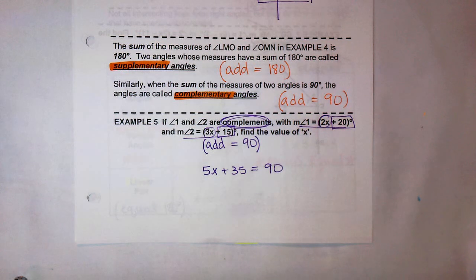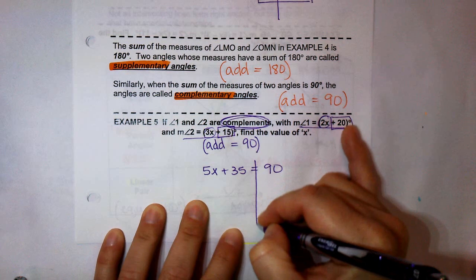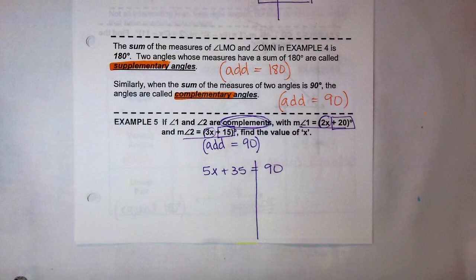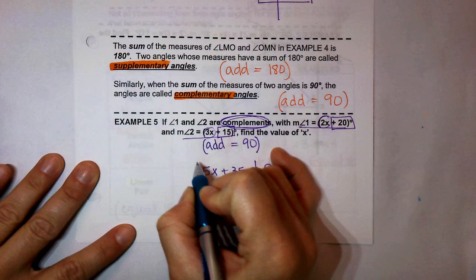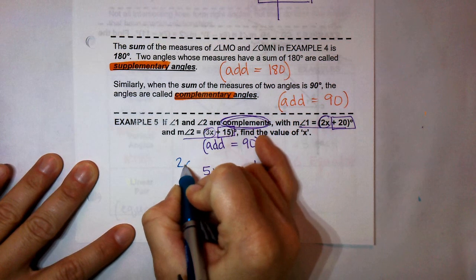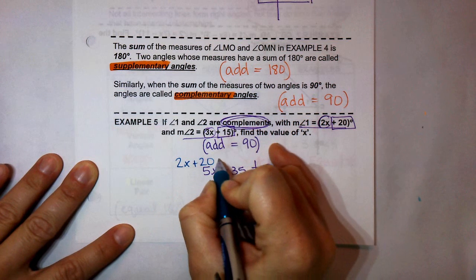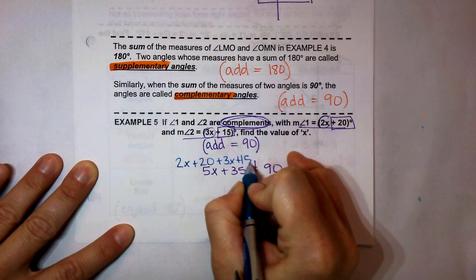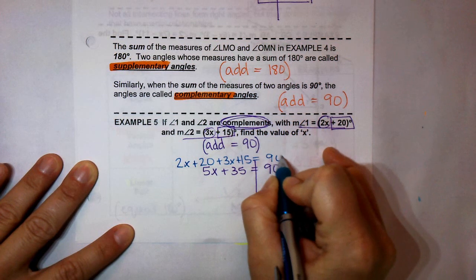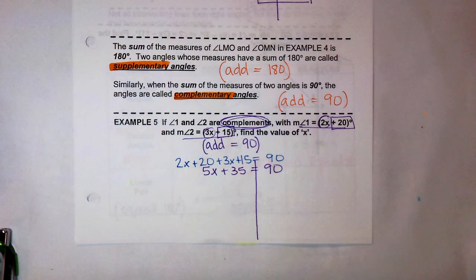There's your equation. This is going to be the last time I write this, but I skipped this step. So 2x plus 20 plus 3x plus 15 equals 90. I skipped writing that step down.